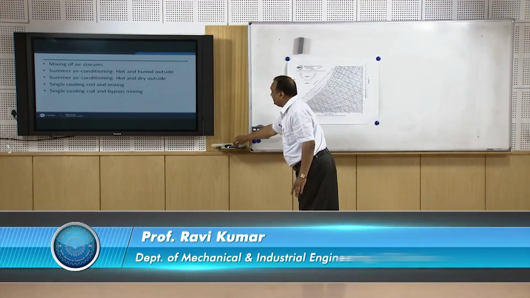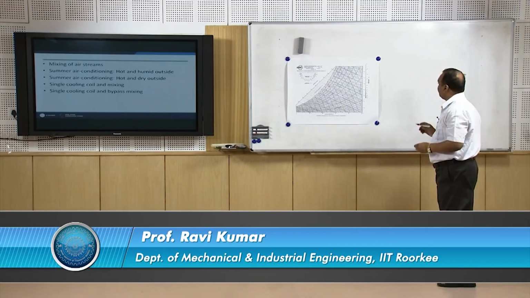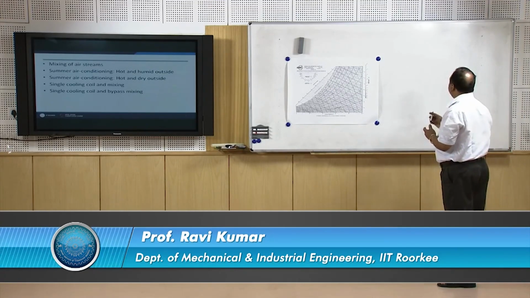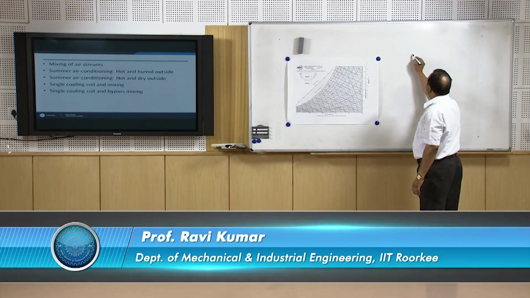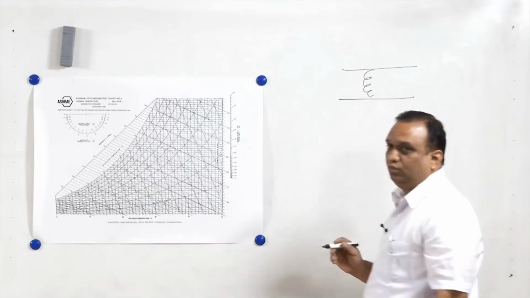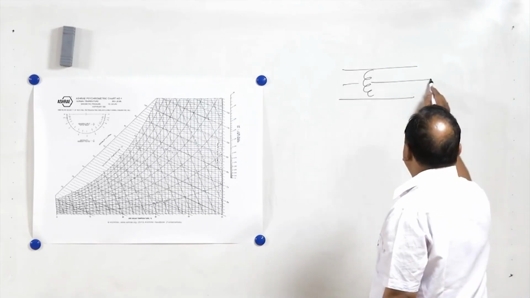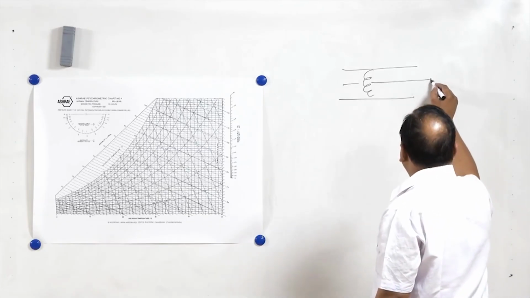Now, the first mixing case is single cooling coil and mixing. In this case, there is a cooling coil which cools the air, and this air goes to the room.